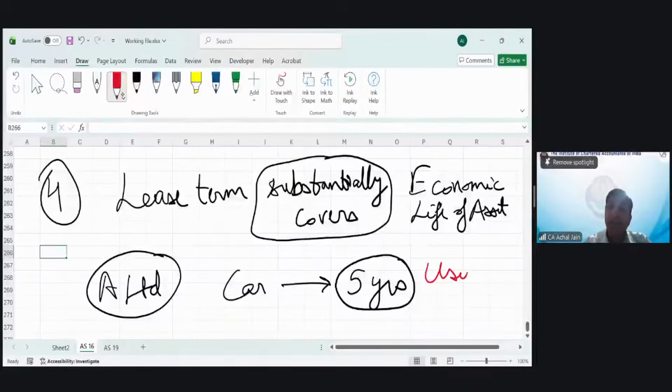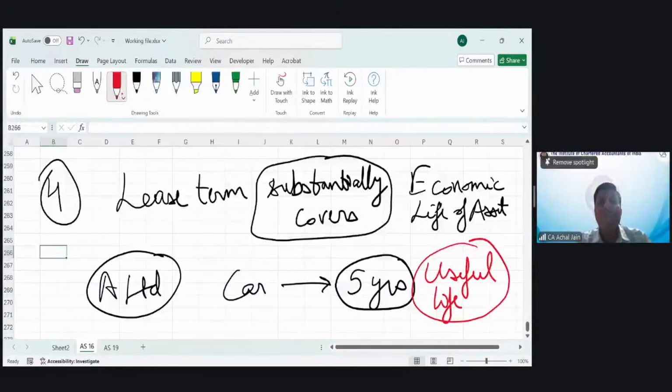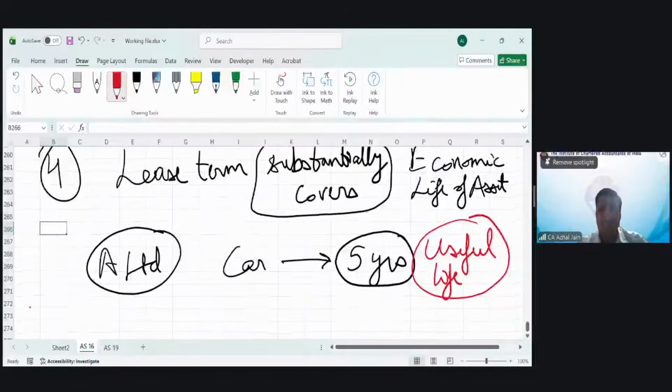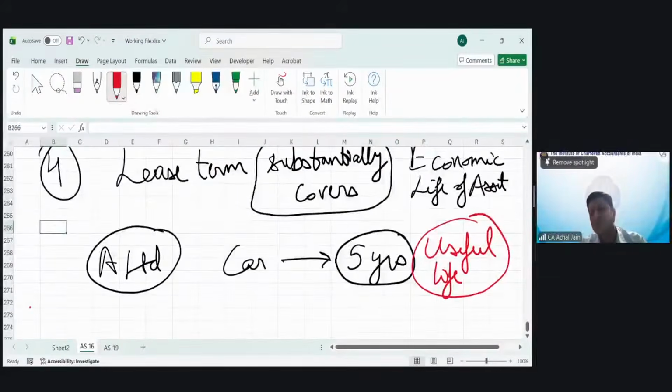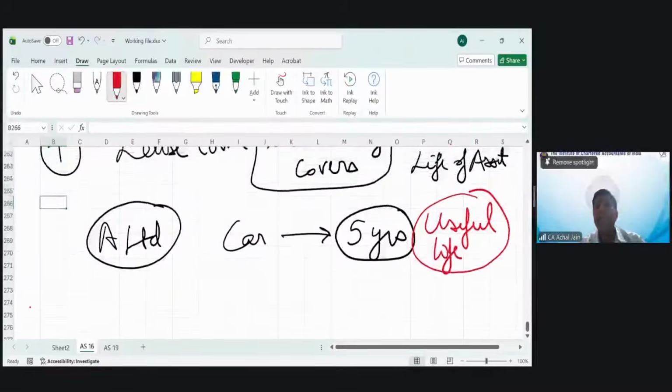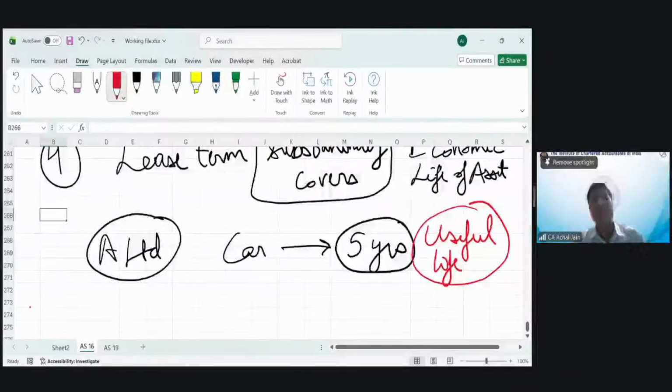Means the period over which A expects to use the car. This is also called expected useful life. Yes or no? Now, for a car, can we say that the car is only usable for 5 years? Tell me.